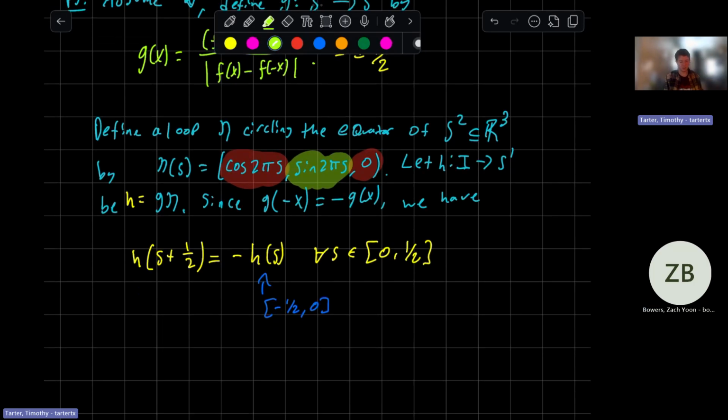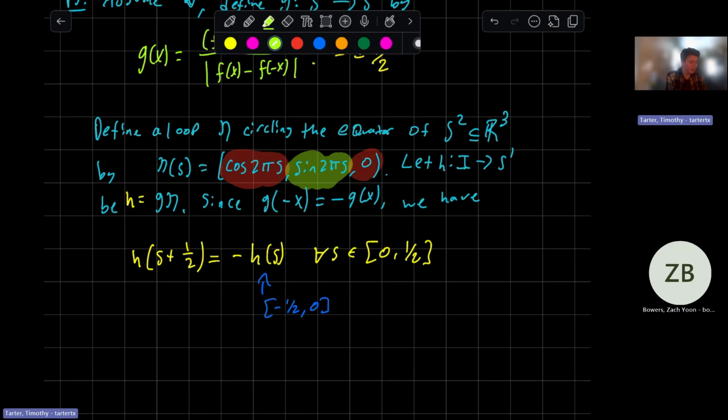And so h of s plus 1 half is equal to minus h of s. And I guess in the first and third slot, it doesn't matter? That doesn't make much sense. Maybe this is one of those things that will explain itself. Sure, I guess we can continue and see.